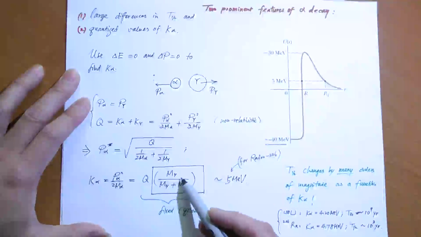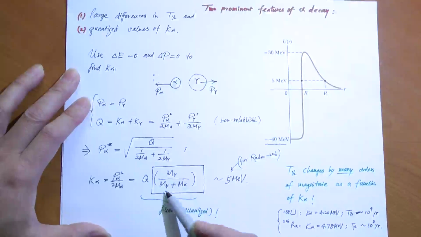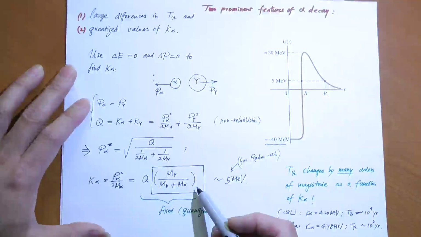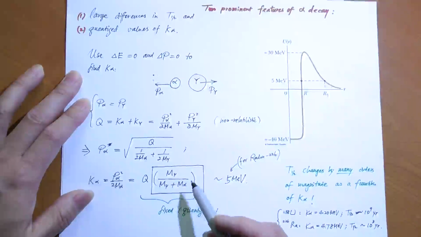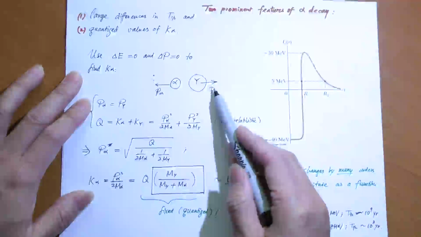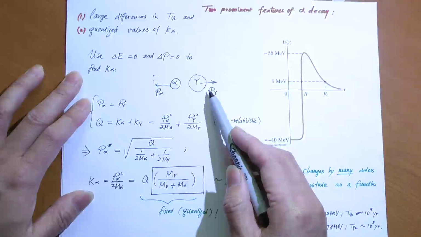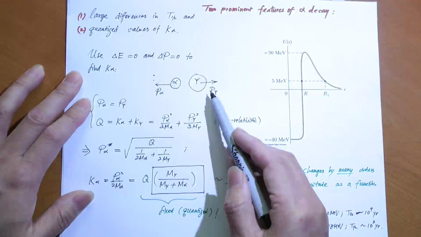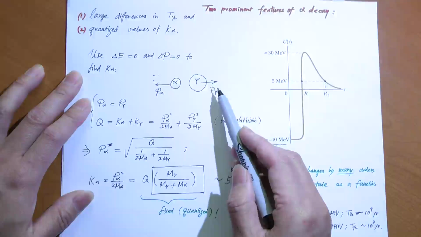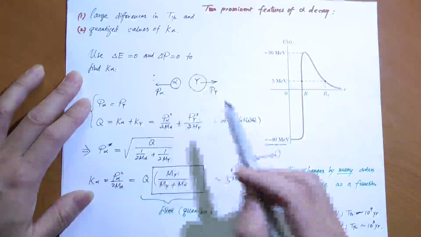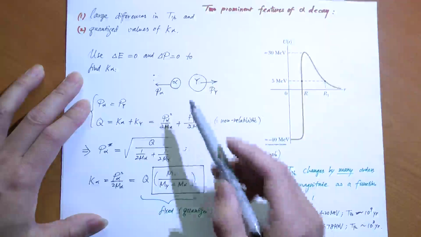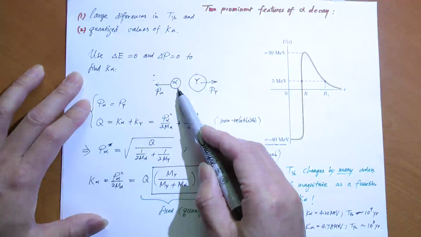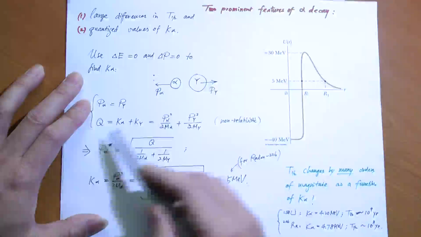The ratio m y over m y plus m alpha is fixed, and that ratio is less than 1, but it's pretty close to 1, because the daughter nucleus typically has over 50 nucleons, and this alpha has only 4. So this is pretty close to 1, which means the alpha particle must carry most of this Q value.